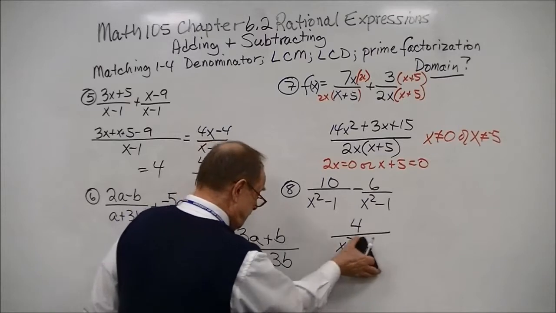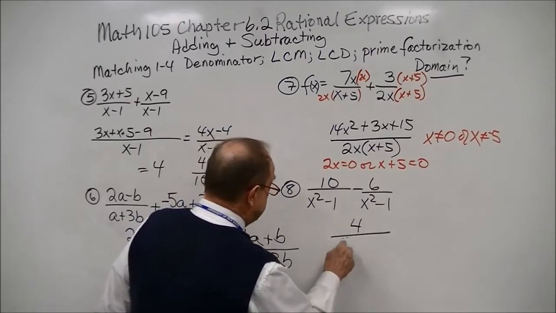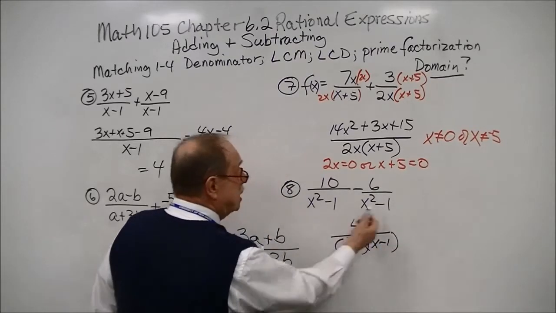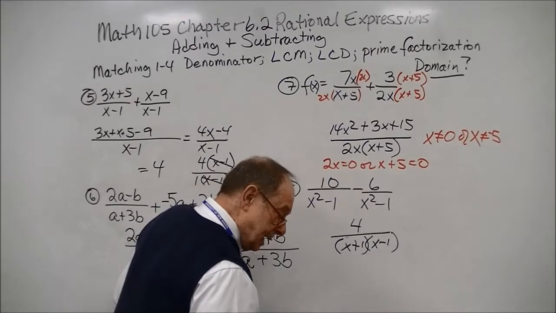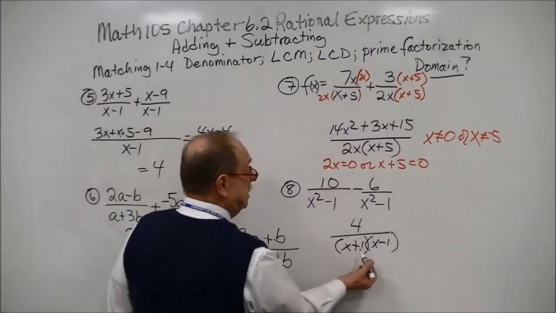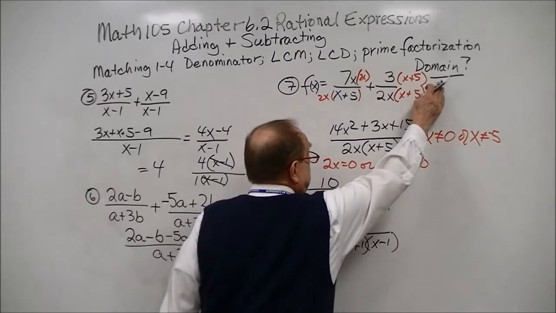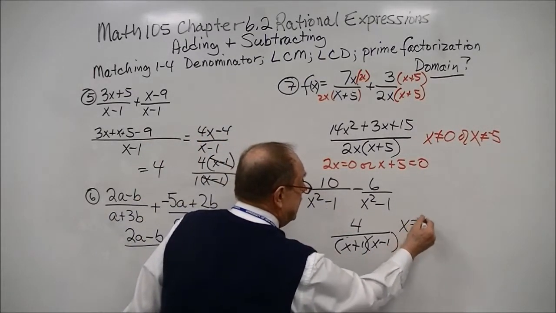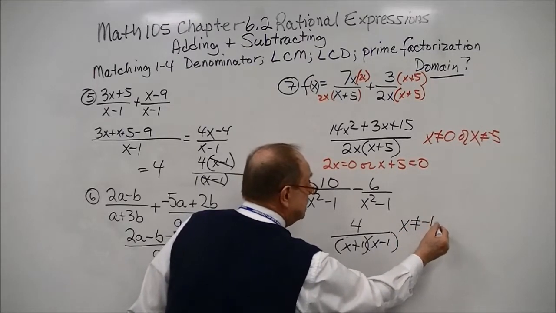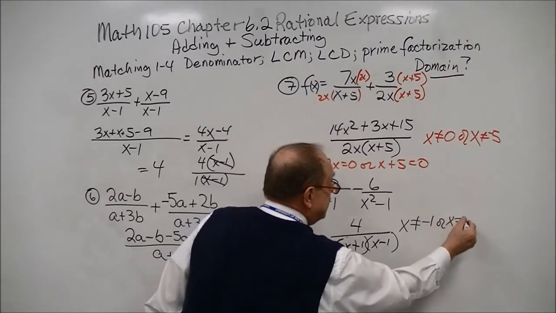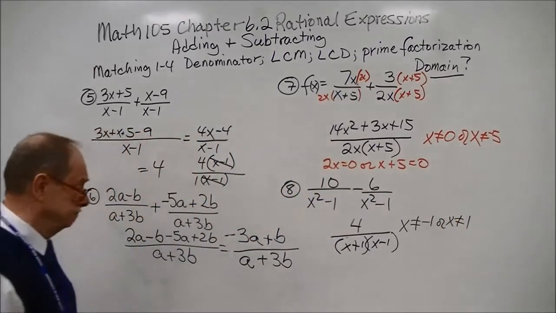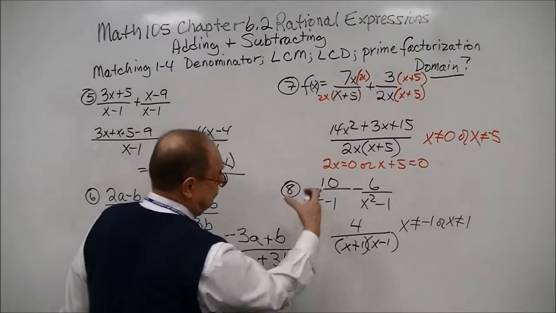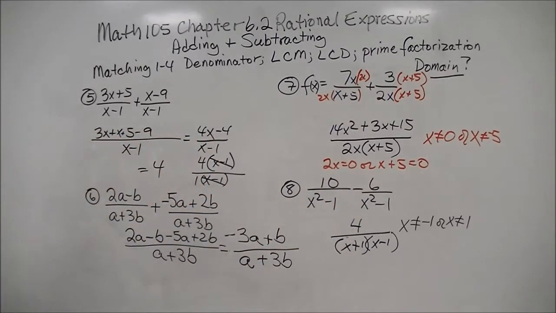Well, let's factor that, because that's going to be x plus 1, x minus 1, our conjugates, and the values that would not be defined in the domain would be x cannot equal negative 1, or x cannot equal positive 1. So this one was a little easier than this one, but there's the strategy.